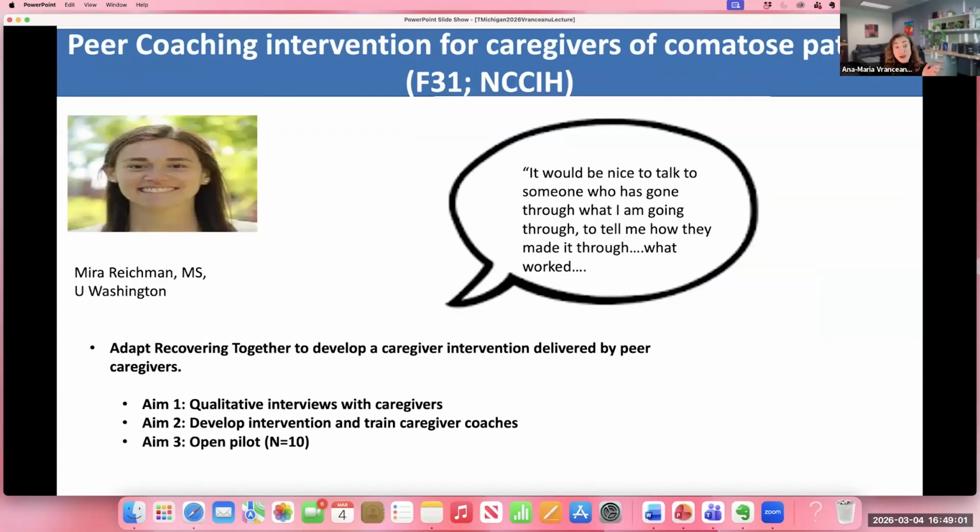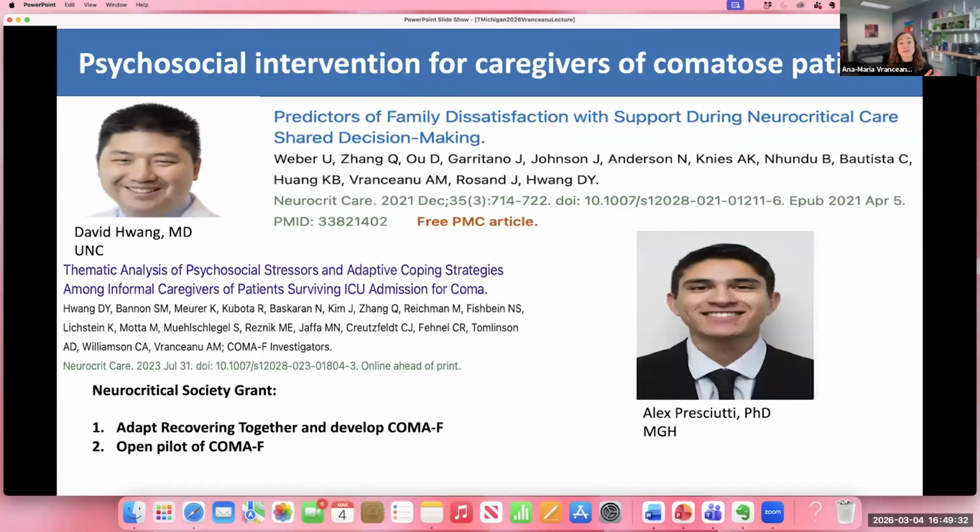Mira Reichman, who was one of my CRCs and now is getting her PhD in clinical psychology, is really interested in interventions that are delivered by peers. So she has an F31 right now where she's thinking about what we can retain from Recovering Together that could be delivered by caregivers who are now recovered and want to help other caregivers as well.